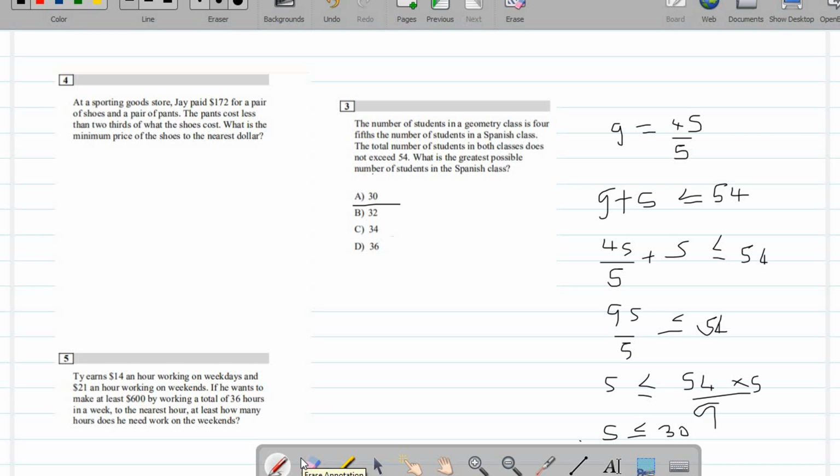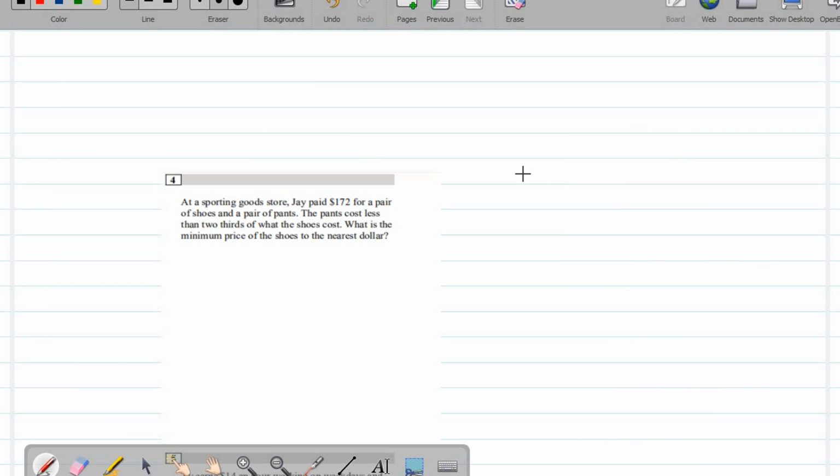Question number 4. It says at a sporting goods store, Jay paid $172 for a pair of shoes and a pair of pants. The pants cost less than 2/3 of what the shoes cost. What is the minimum price of the shoes to the nearest dollar? So a pair of shoes and a pair of pants cost $172.